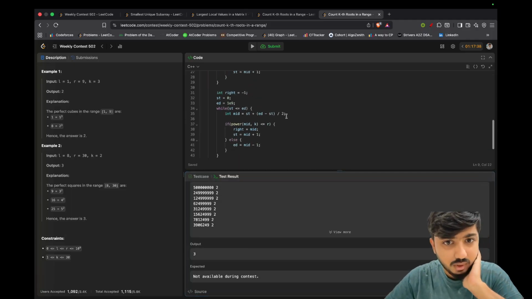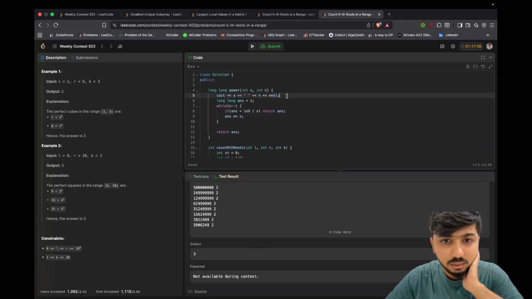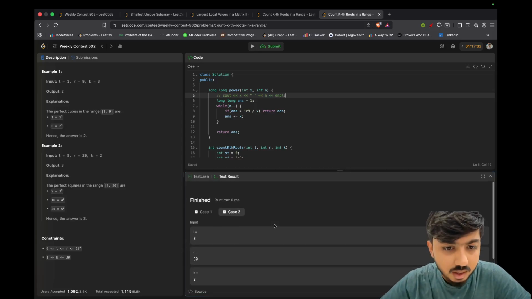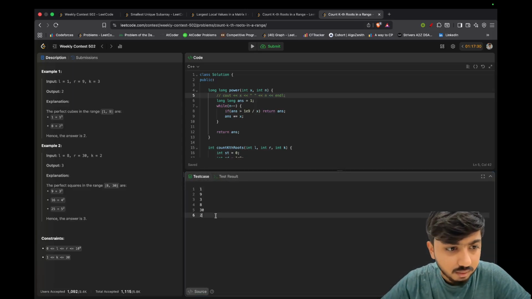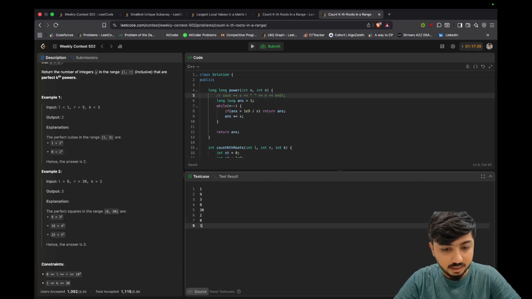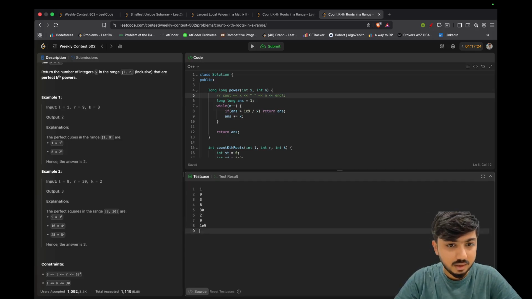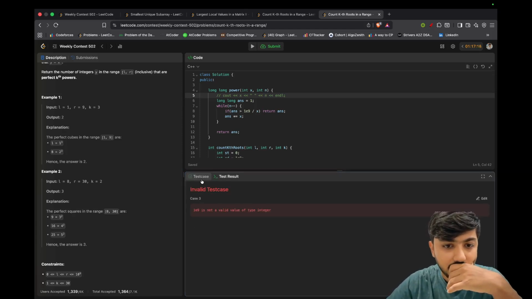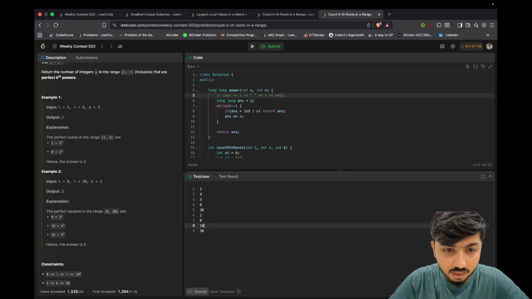This should work, right? Or I'm missing any edge cases here. Let me test. L say 0, R say 1E9, K say 30. 1E9 is okay. 1, 2, 3, 4, 5, 6, 7, 8, 9.